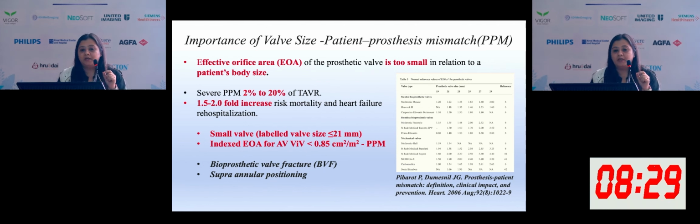Prosthesis mismatch incidence is as high as 2 to 20% in TAVR and even higher in valve-in-valve, and it increases the mortality and morbidity very highly.